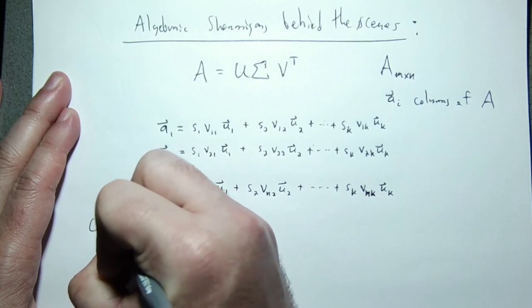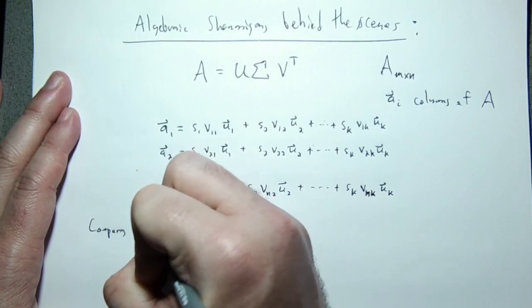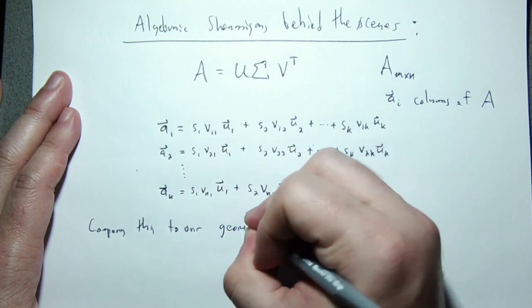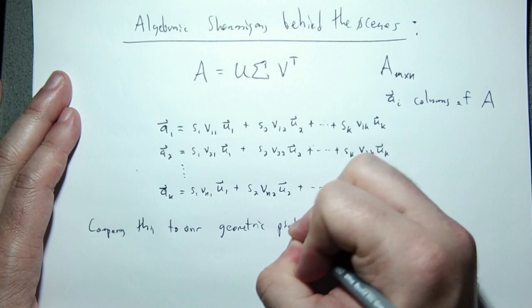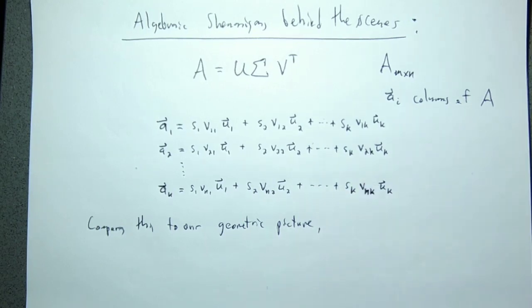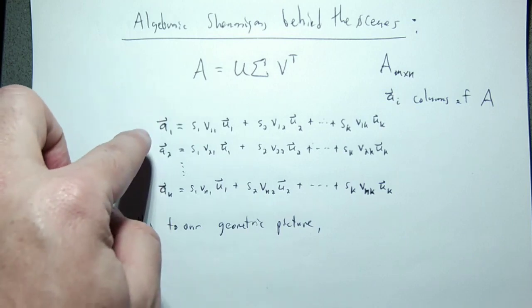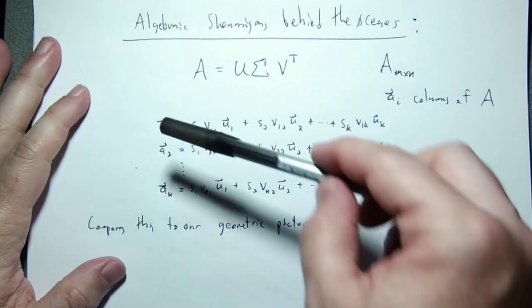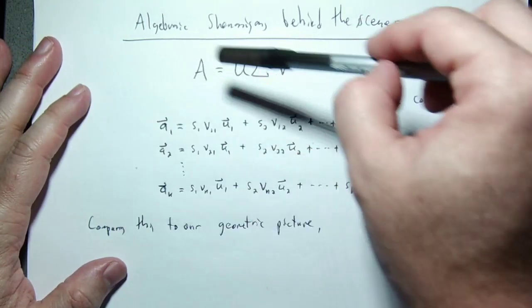Okay, all right. So comparing this to our geometric picture, why is it that we can say that the data, right? So we were considering the columns of A our data points, right?